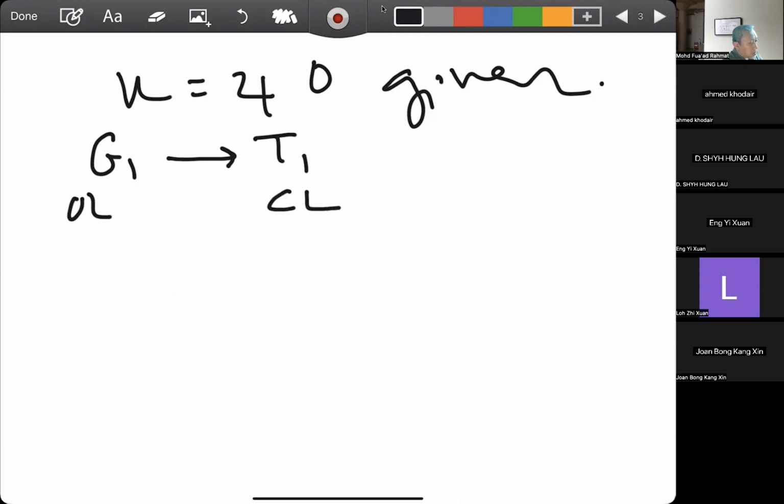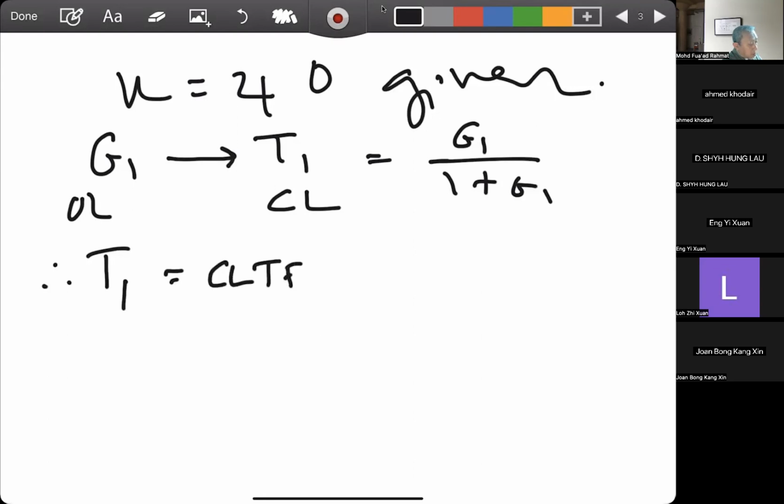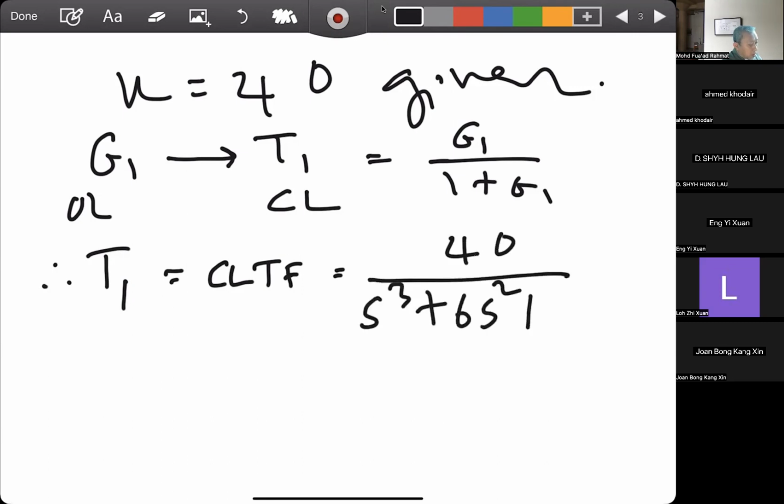So T1 will be G1 over 1 plus G1. The closed loop for system G1 is 40 over s cubed plus 6s squared plus 45s plus 40, because K equals 40 is the gain.